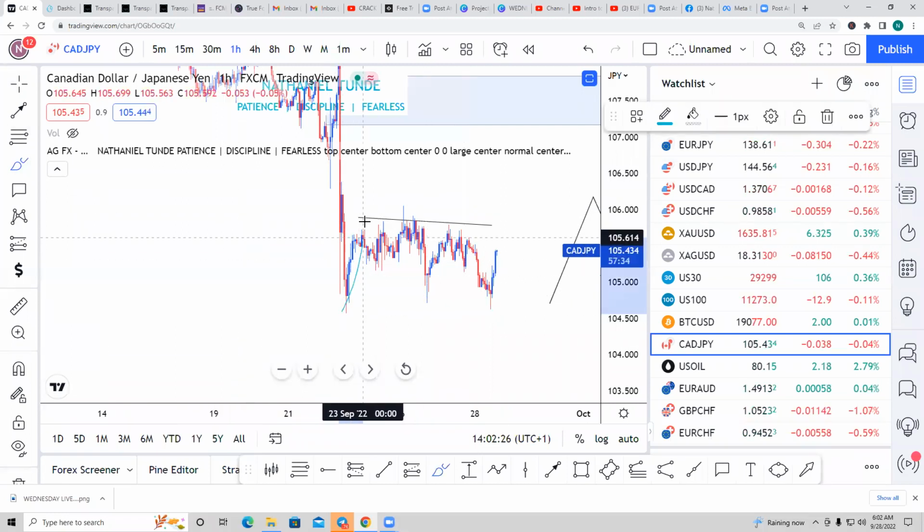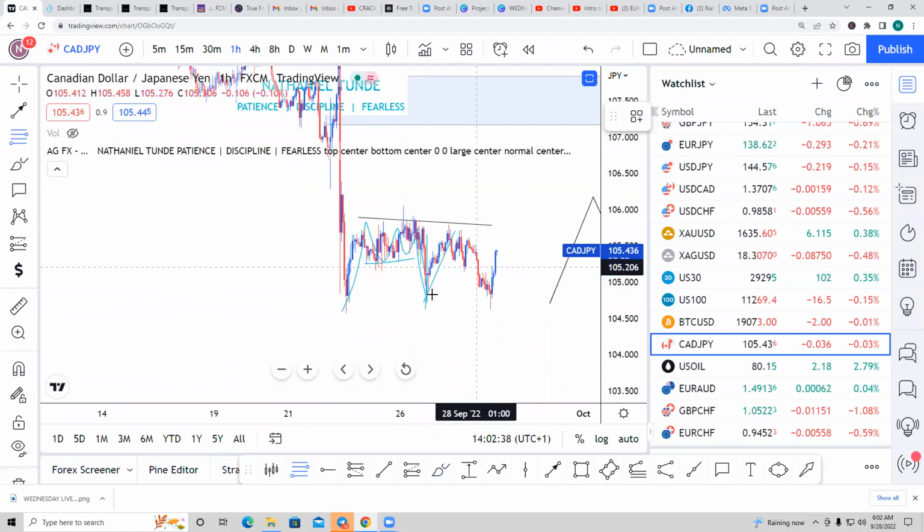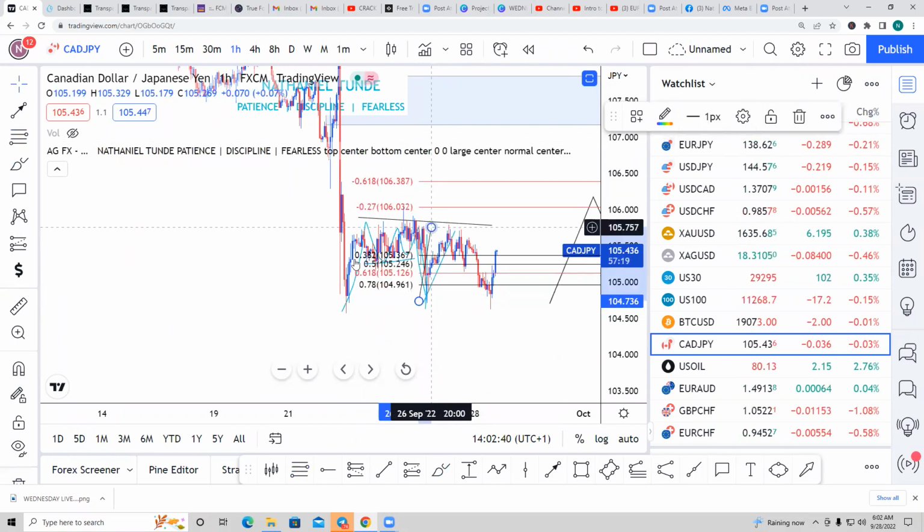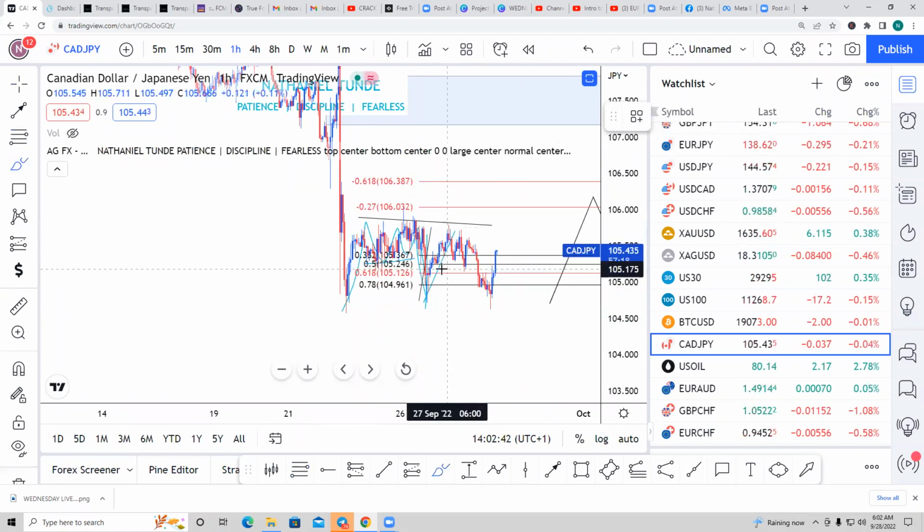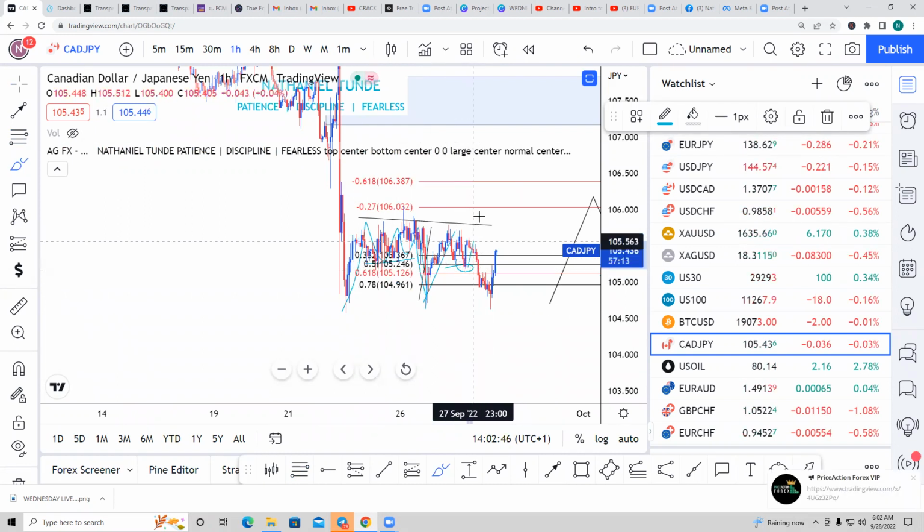We had already seen the impulse here. We see this consolidation and a move down. I took this move down as a liquidity grab because it moved down and moved up immediately. So all I did was take a fib of this, believing that this 61.8 was the entry. I wanted this move to the upside.